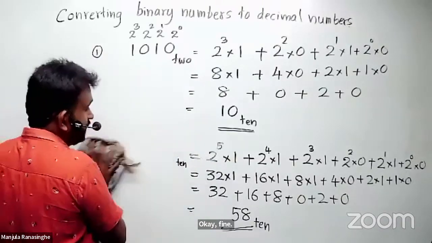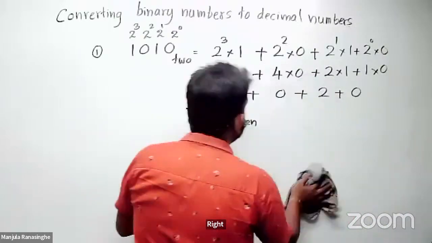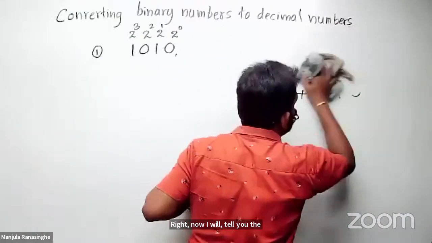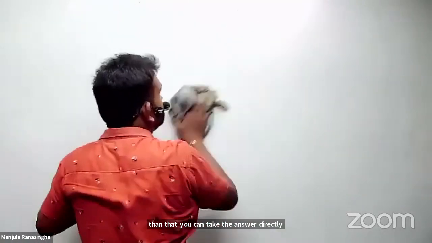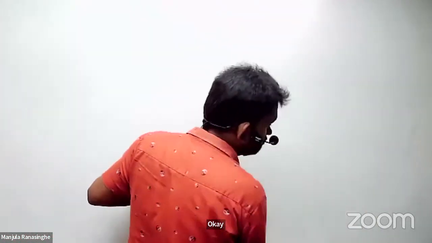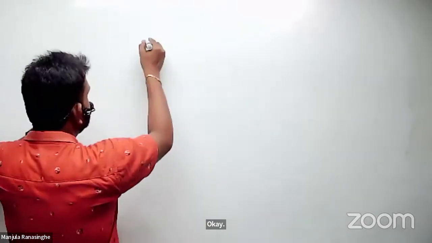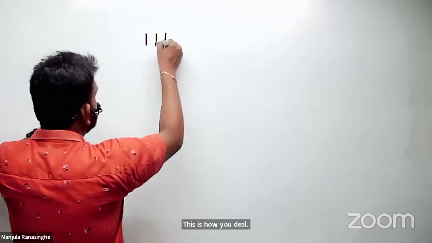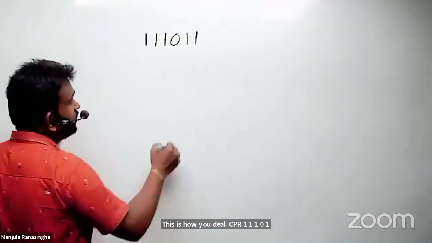Right, now I will tell you the easiest way, same way, but rather than that, you can take the answer directly. Okay. This is how you deal. See there, 1 1 1 0 1 1, base 2.